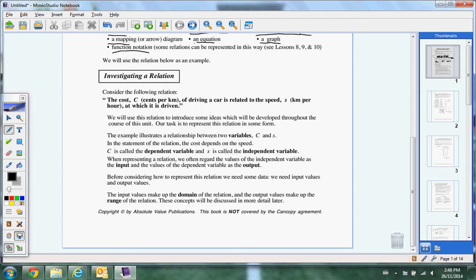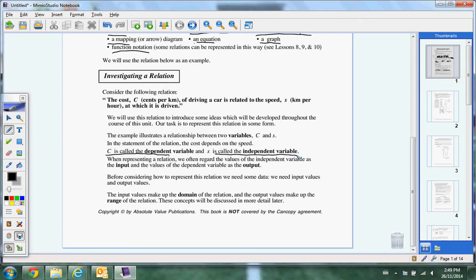Okay, the statement: C is called the dependent variable. So why is C dependent? What does C depend on? Cost depends on the speed. Yeah. Cost depends on the speed. When representing a relationship, we often regard the values of the independent variable as an input.